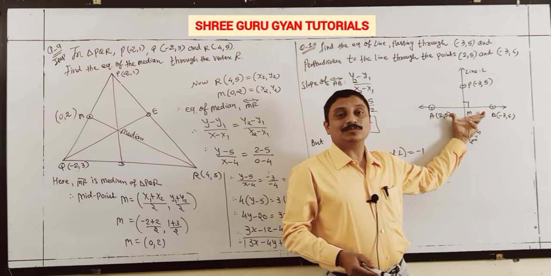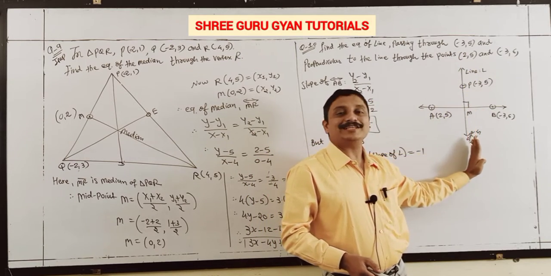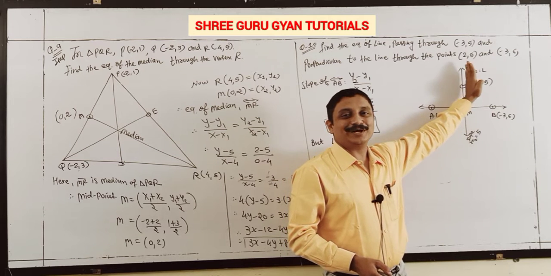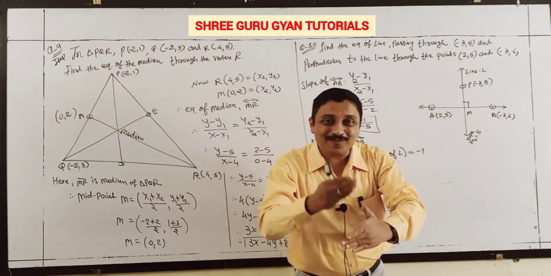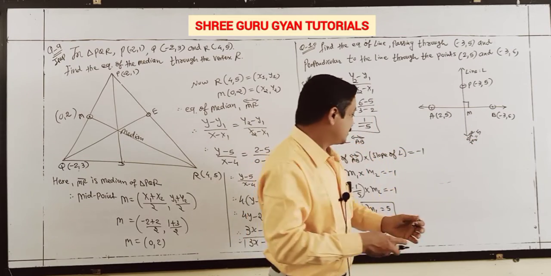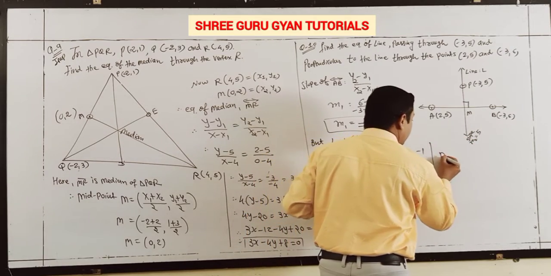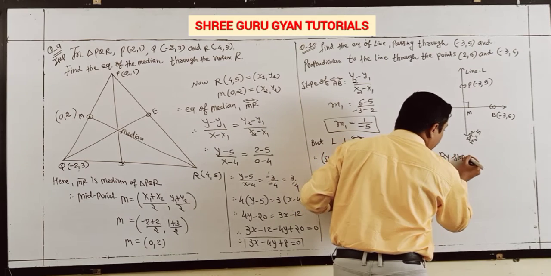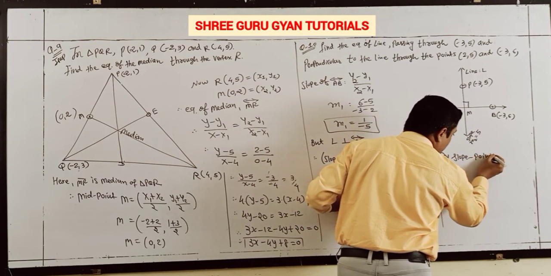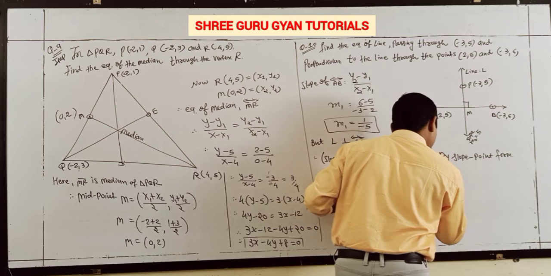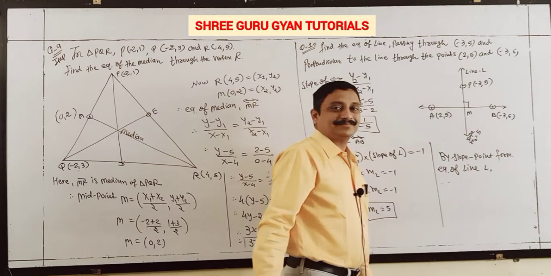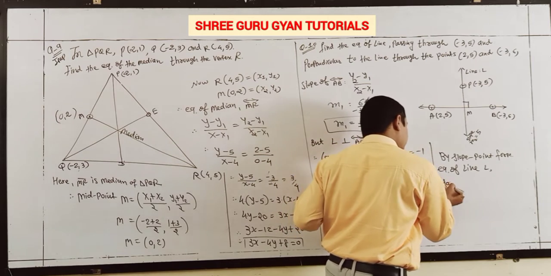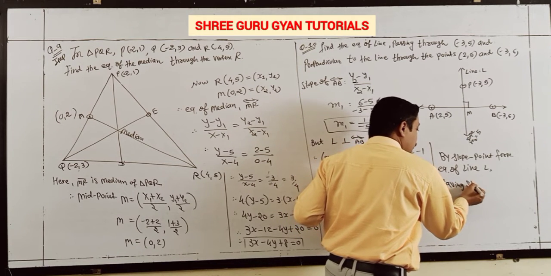Now look at that: according to the AB slope, I have easily got the slope of L. The slope is ready and the passing point is known, so we use the slope-point form. By the slope-point form, the equation of line L has slope, what is the slope?